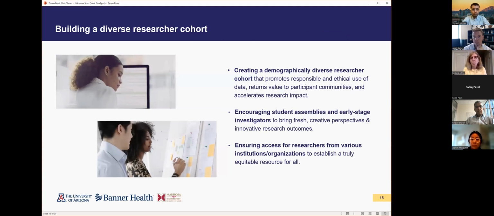A related outcome of the large program is to build a diverse researcher cohort. Creating a demographically diverse researcher cohort promotes responsible and ethical use of the data, returns value to participant communities, and accelerates research impact. It also helps us hone in on relevant and key questions of the communities represented in the data set.